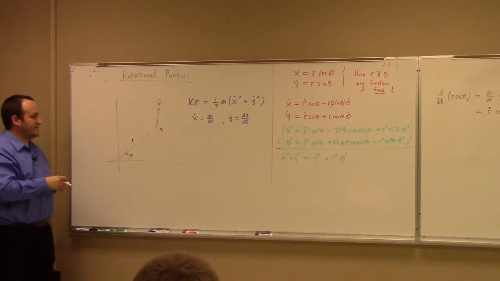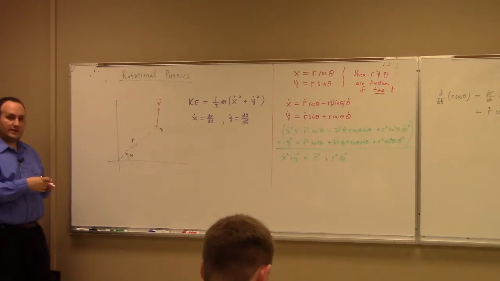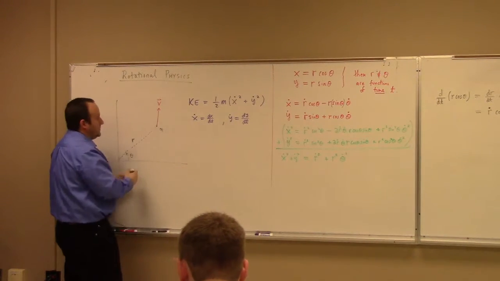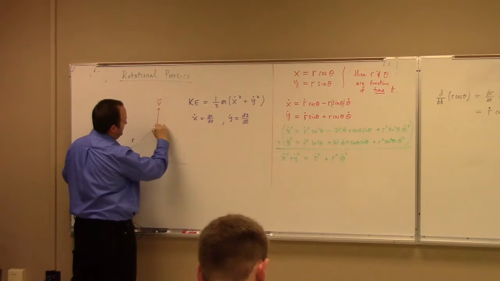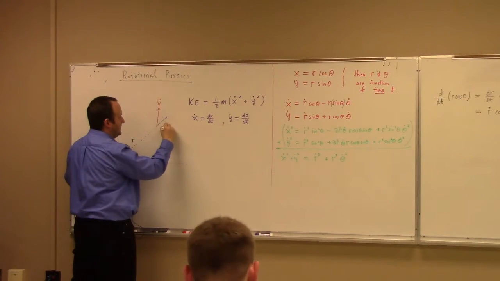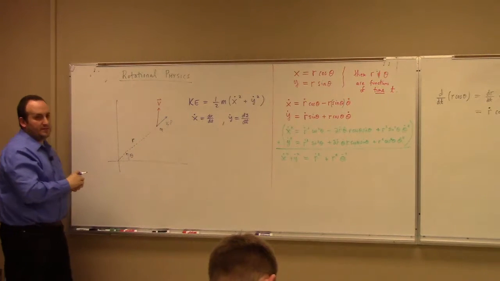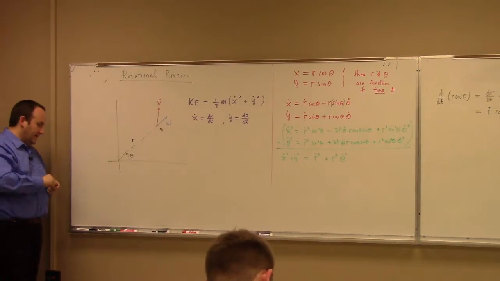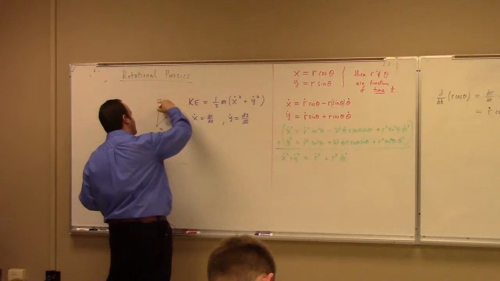There are two pieces to that vector. There's a radial component and then another piece which is perpendicular to the radial component. So the radial component to the velocity, I'll draw in blue, like this. So what you have there is v sub r, r hat, the radial part of the velocity, and then there's also an angular part to the velocity, like this.